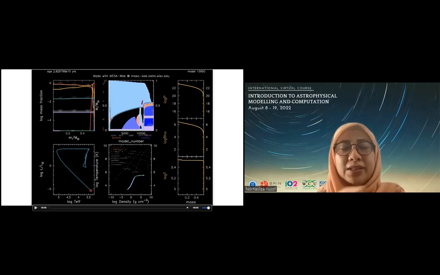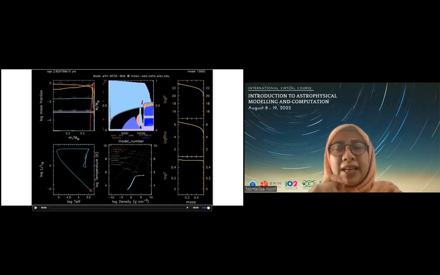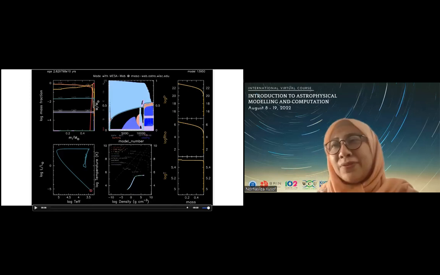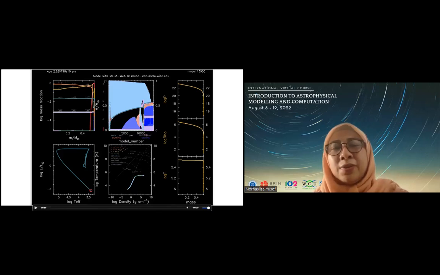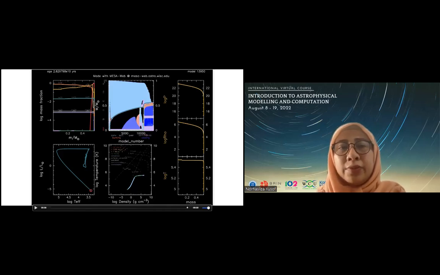So your time scale is moving from the center until the surface of the onion, and each layer has, for example, if you taste the onion, some different taste, and when we go to the surface, this can also be represented for our star.